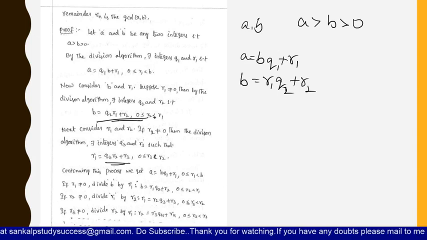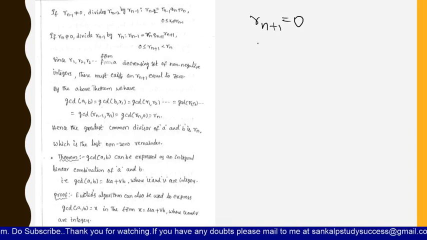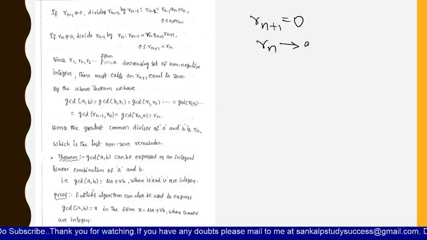So by combining all these equations, b is equal to r1 q2 plus r2, and so on like this. What is the last remainder? Rn plus 1. When this becomes 0, then Rn is the GCD.